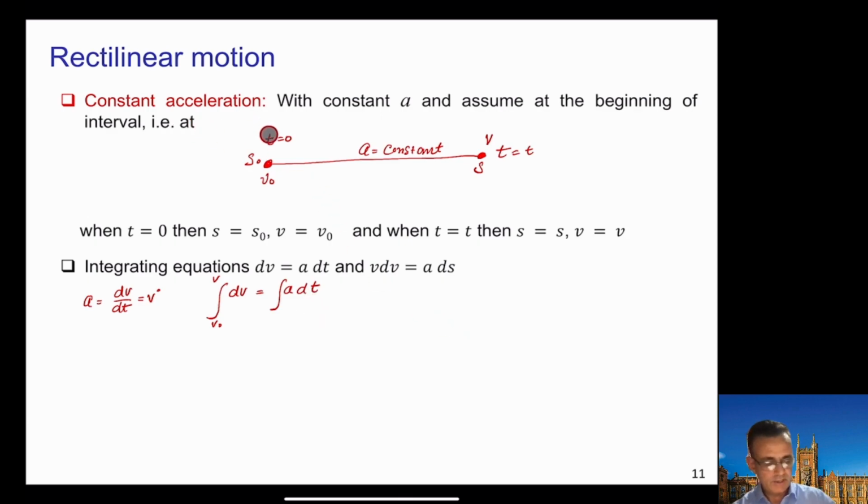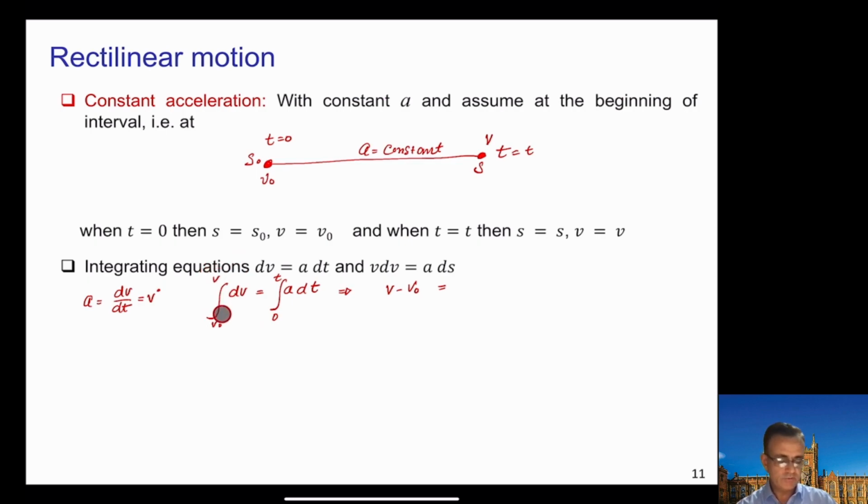The initial time is 0 and the final time is t here. So you can simplify this equation. On the left hand side you will get v minus v naught.